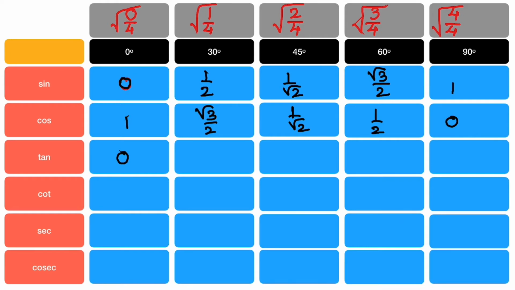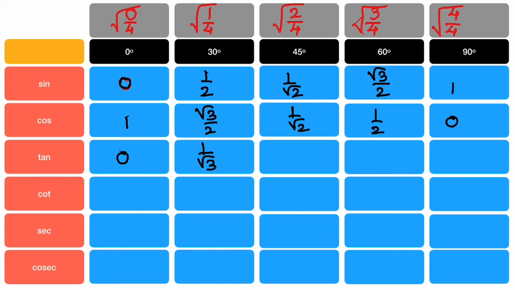Similarly, for tan 30, we divide the value of sine 30 by cos 30. That is half divided by root 3 upon 2. So here the denominators get cancelled and we get the answer as 1 upon root 3. Hence we have found tan 30 is equal to 1 upon root 3.